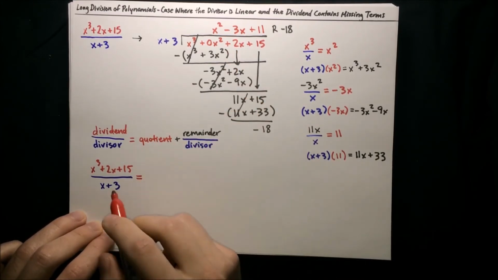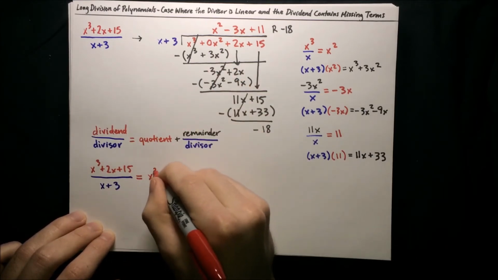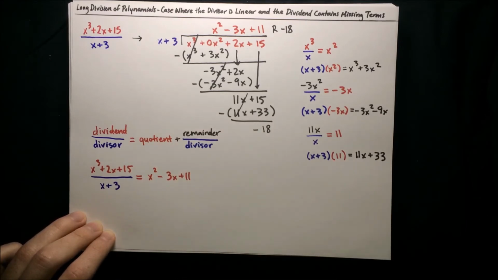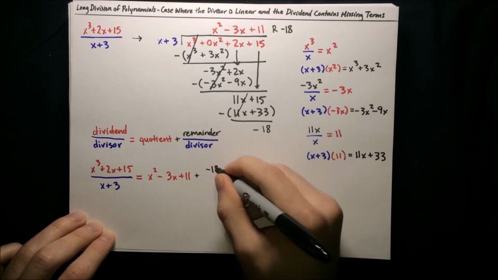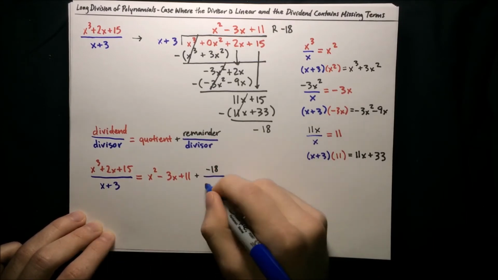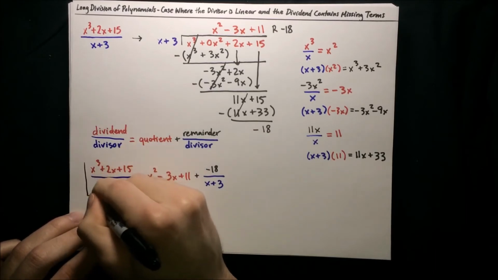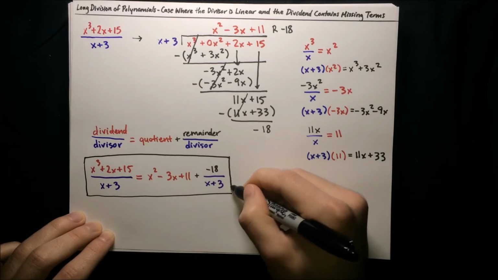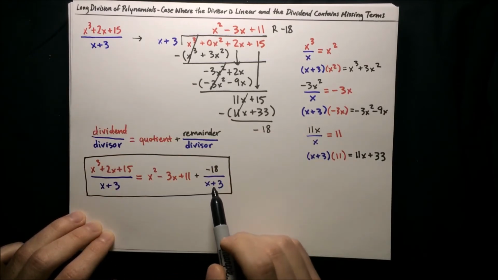So our original fraction here is equal to the quotient x squared minus 3x plus 11, and then plus our remainder, so plus negative 18, and that remainder is divided by our divisor, which was just x plus 3. So this is our conclusion from doing the long division. We can express that original division as this quotient plus that remainder divided by the original divisor.